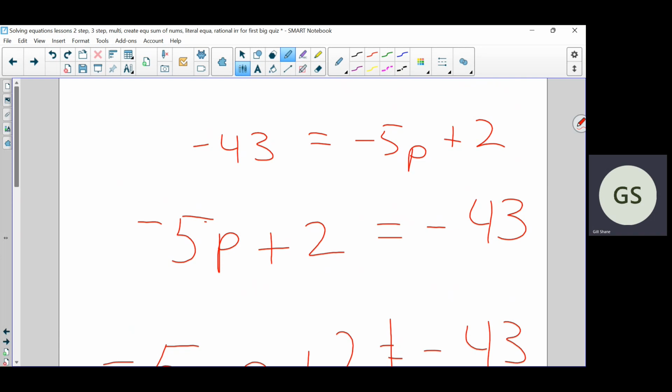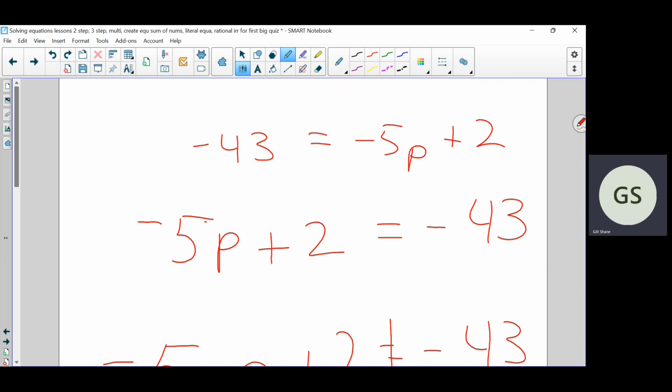Do number 3. Do number 6. Do number 7. 7's a little tricky. 9 is a little tricky. 10, 14, 16, and 17 for today. So those are the ones you do.